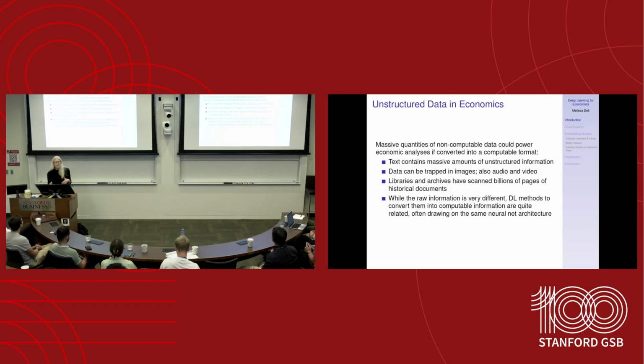Within economics specifically, we have massive quantities of data in their raw form that you can't really compute with that could transform our analyses if they're processed into a format that can then be used for computations. Text is probably the prime example, huge amounts of information there. Data can also be tracked in images, whether that be images of documents from archives, satellite imagery, aerial photographs, social media images.